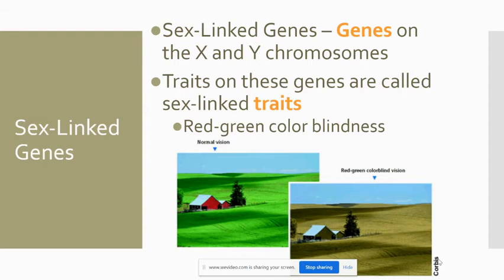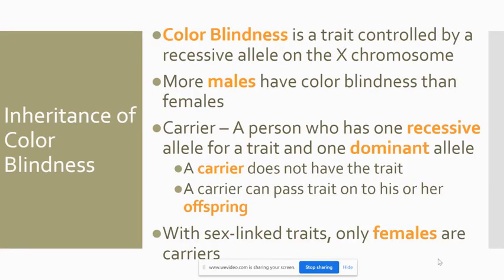And this is where a person can become a carrier then. So color blindness is a trait controlled by the recessive allele on the X chromosome. So more males have color blindness than females because they only have that one X chromosome.